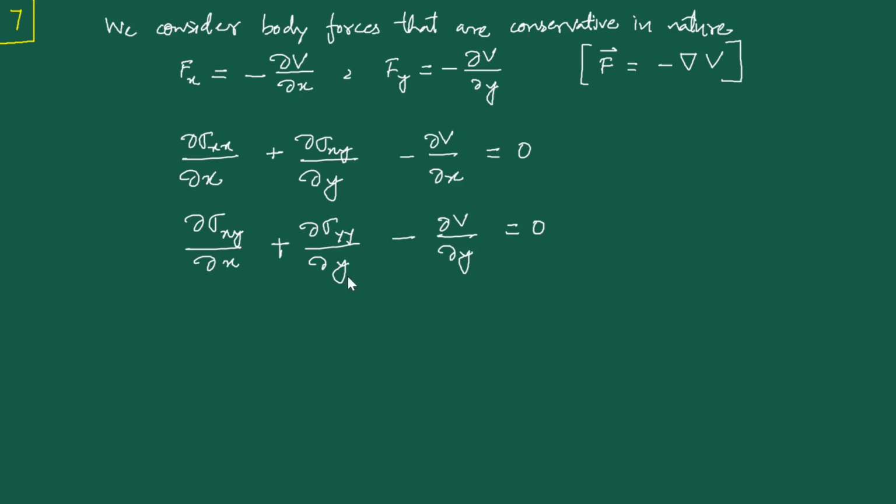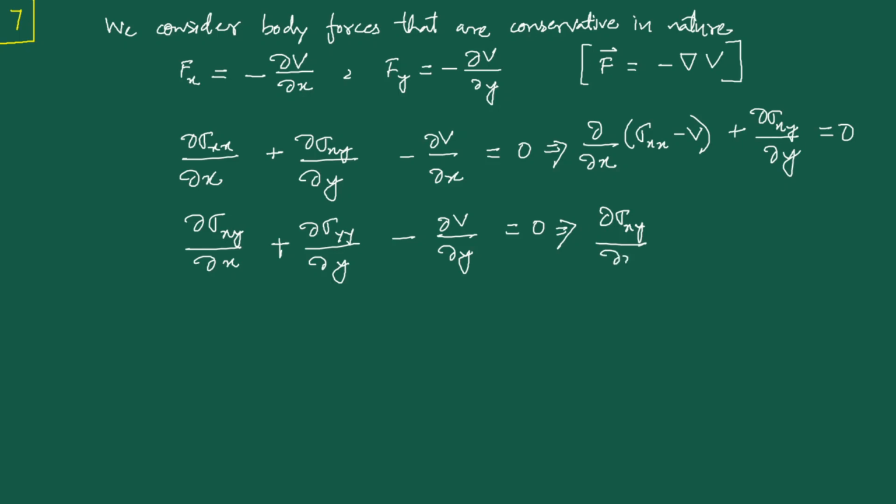Alright, so overall what we basically have from here is that we have a term involving the del x, that is del (sigma xx minus V) del x, plus del sigma xy del y is equal to 0. So that's a more convenient way of writing it. And here it's del sigma xy del x plus the del y terms get clubbed together. So it's del (sigma yy minus V) del y.